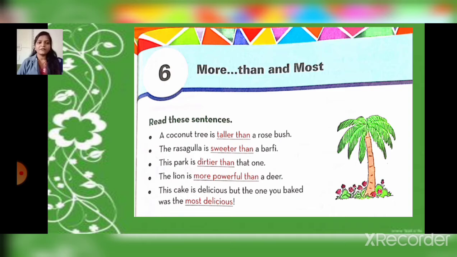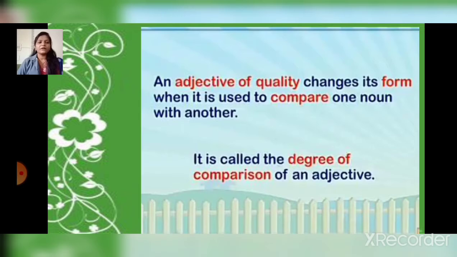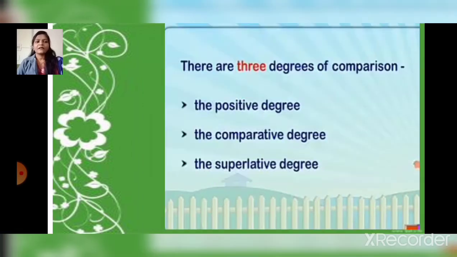An adjective of quality changes its form when it is used to compare one noun with another. It is called the degree of comparison of an adjective. So what is the degree of comparison that we have to learn?